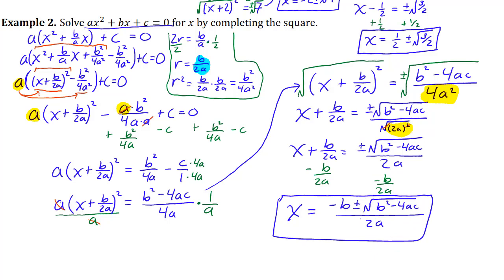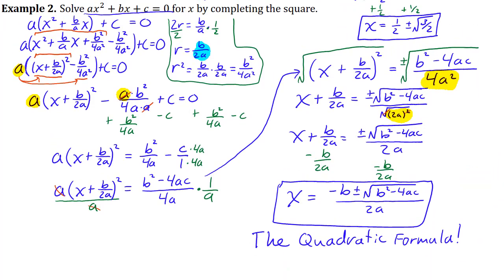So this is, of course, the quadratic formula. This tells you the solutions of, I'm going to write this again here, ax squared plus bx plus c equals 0.